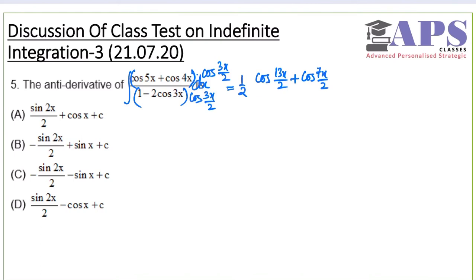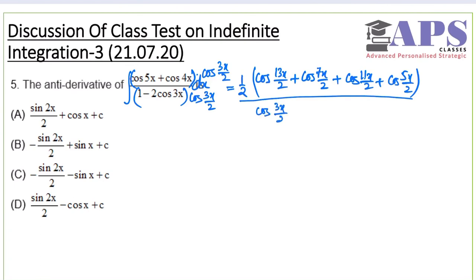And the next part will also become similarly cos 11x by 2 plus cos 5x by 2. So this is the numerator, and the denominator, if I directly multiply, will be cos of 3x by 2 minus 2 cos of 3x into cos of 3x by 2.